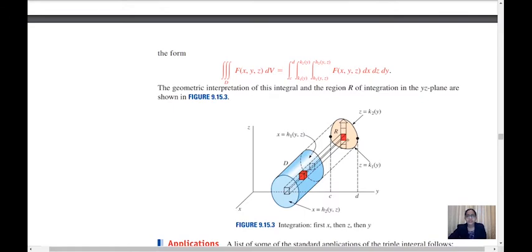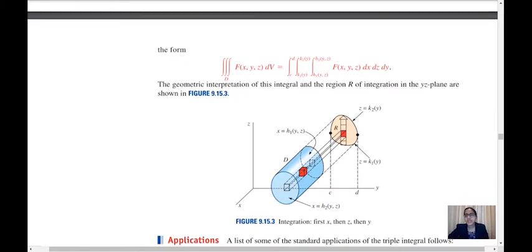Here we will have y varying from c to d, z varies from k1(y) to k2(y), and x varies from h1. This is the boundary of the region, bounded on the left side and the right side by graphs. That is how we can change the order of integration. So this is how we are going to deal with triple integrals.